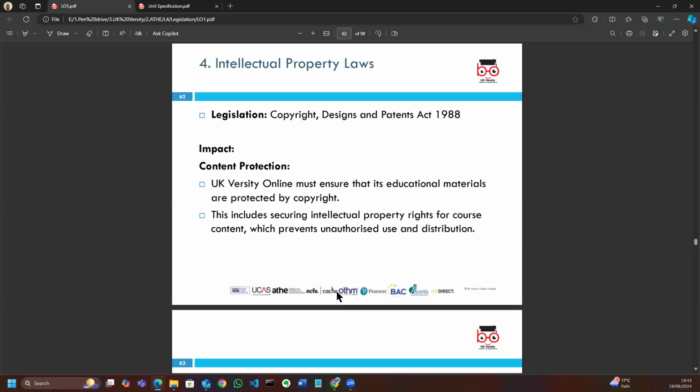Also looking into the intellectual property laws, which is under the Copyright, Designs and Patents Act 1988, we're looking into content protection, and UK Versity must ensure that its educational materials are protected by copyright. This includes securing intellectual property rights for course content, which prevents unauthorized use and distribution.